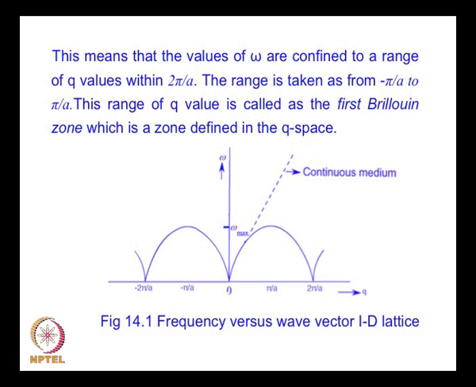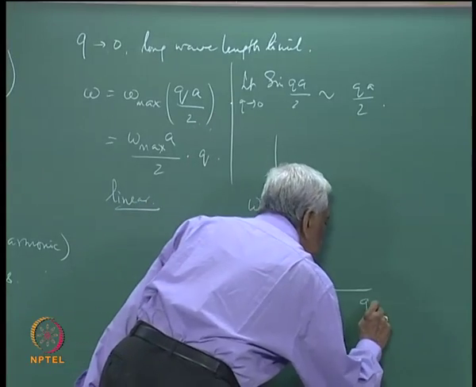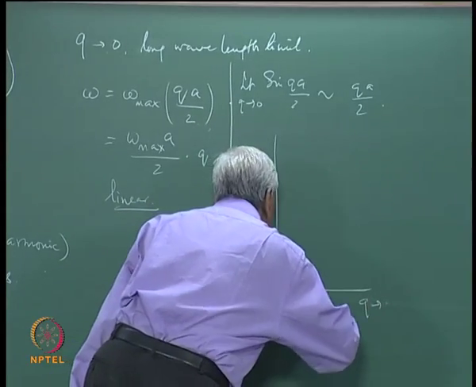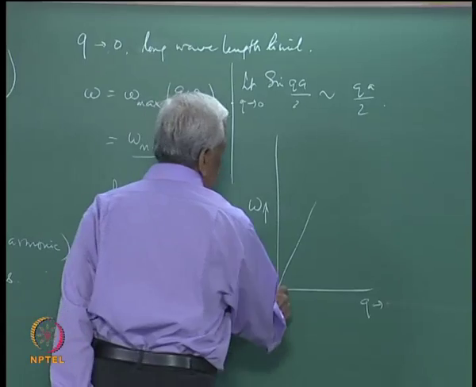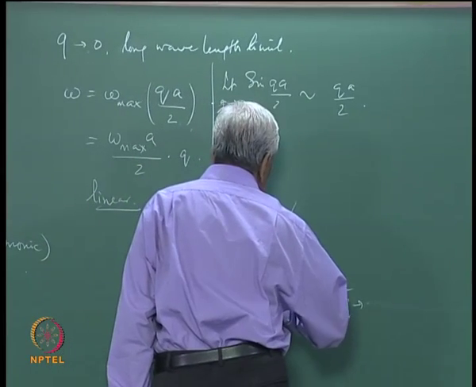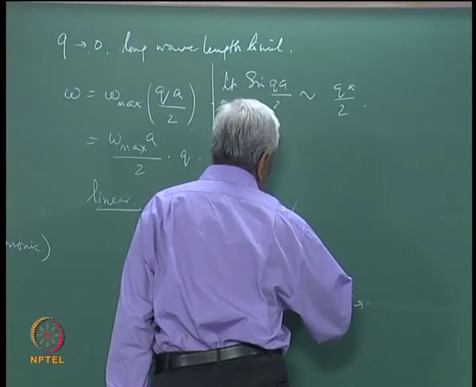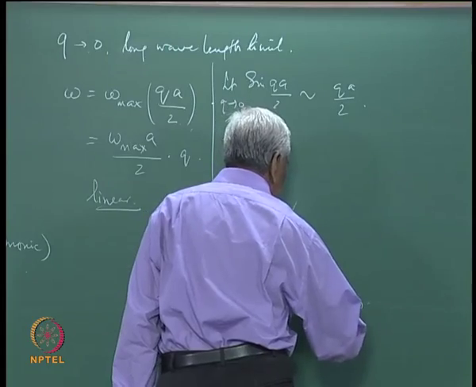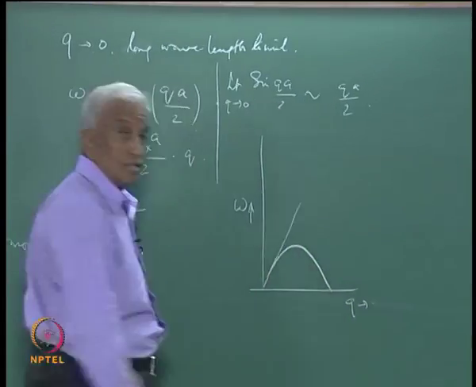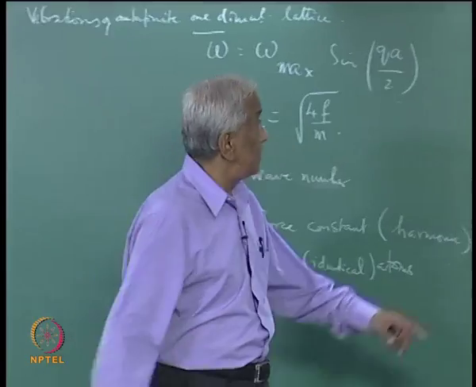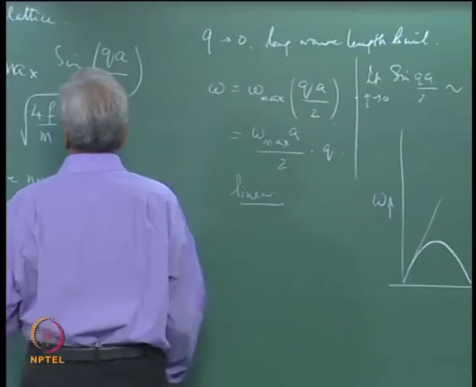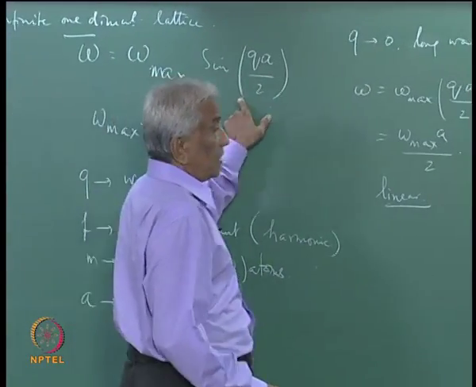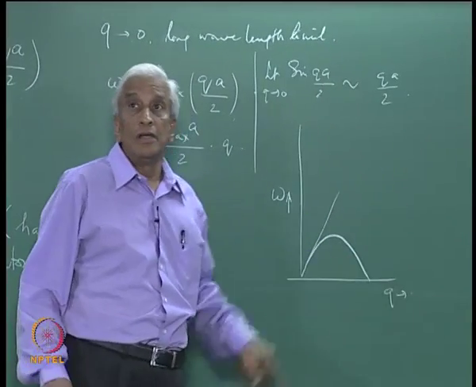Here you have omega as a function of q. It goes like this close to the origin, but for larger values of the wave vector this deviates and is given by the sinusoidal dispersion relationship.